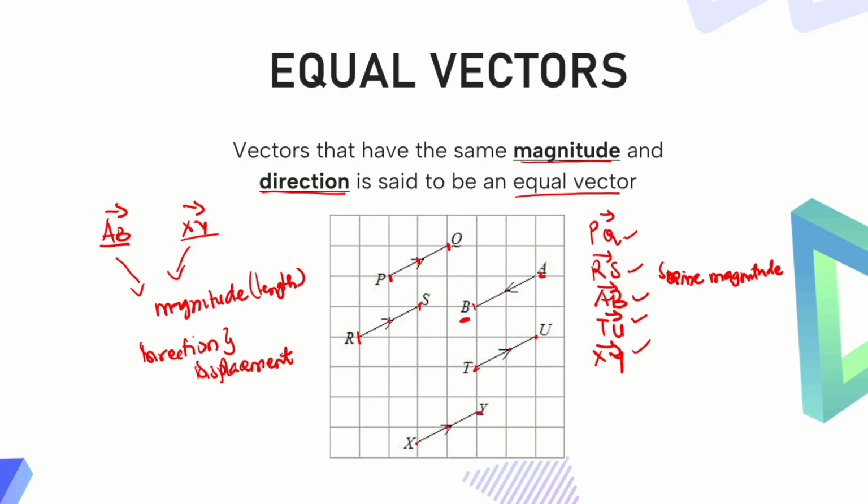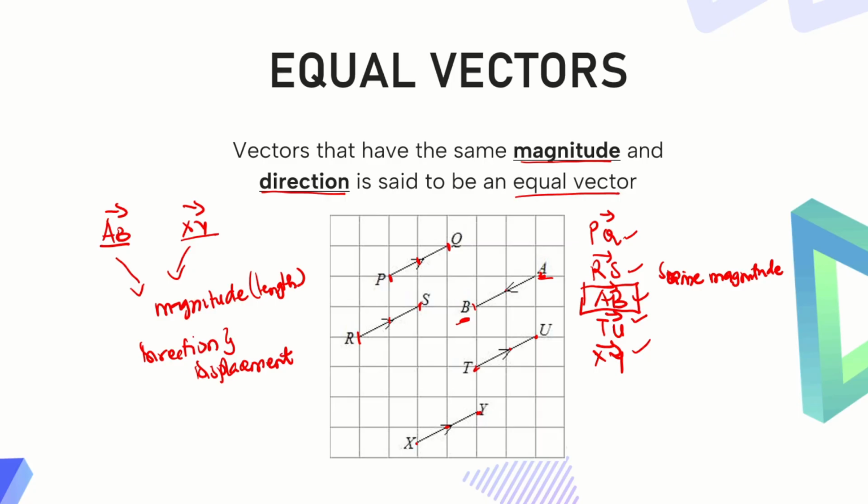But when we consider the directions, we see that PQ, RS, TU, and XY are in the same direction. I hope you've seen it. And then AB moves in a different direction from the others. So PQ is moving in one direction, and AB is moving in the opposite direction.